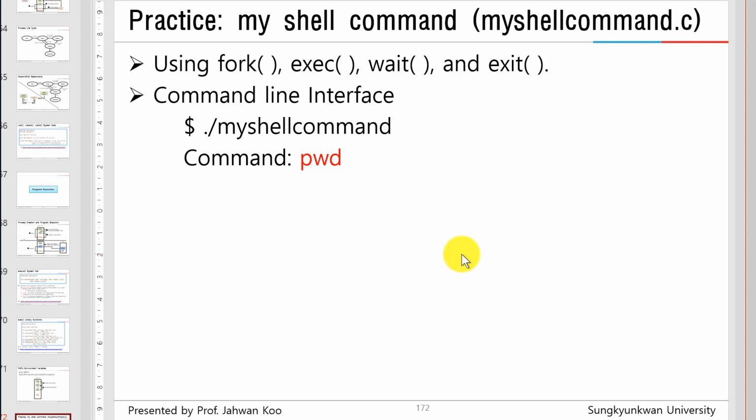Next is practice time. Practice makes perfect. This time, we will implement a new program named myShellCommand using fork, exec, wait, and exit system calls. In the command line interface, we will run the program by typing ./myShellCommand, and then, as you can see, "command:" will be displayed waiting for your commands.